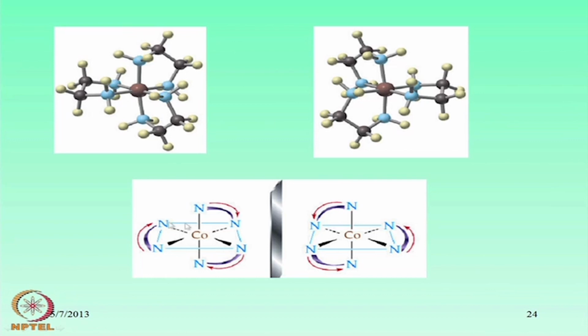So we get this molecule on the left and its mirror image on the right. Moving from top to bottom of the triangular face, it is in the clockwise direction in one and the anti-clockwise direction in the other.